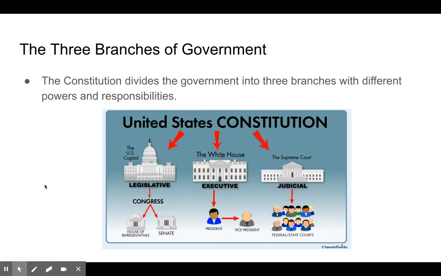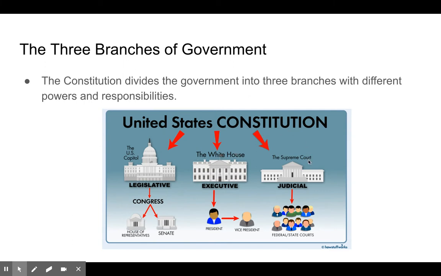Now, the Constitution divides the government into three branches with different powers and responsibilities. So, the first branch we have is the legislative branch, and that is housed at the US Capitol. Then we have the executive branch, which you hear a lot about, especially this year with the election, and that is housed at the White House.